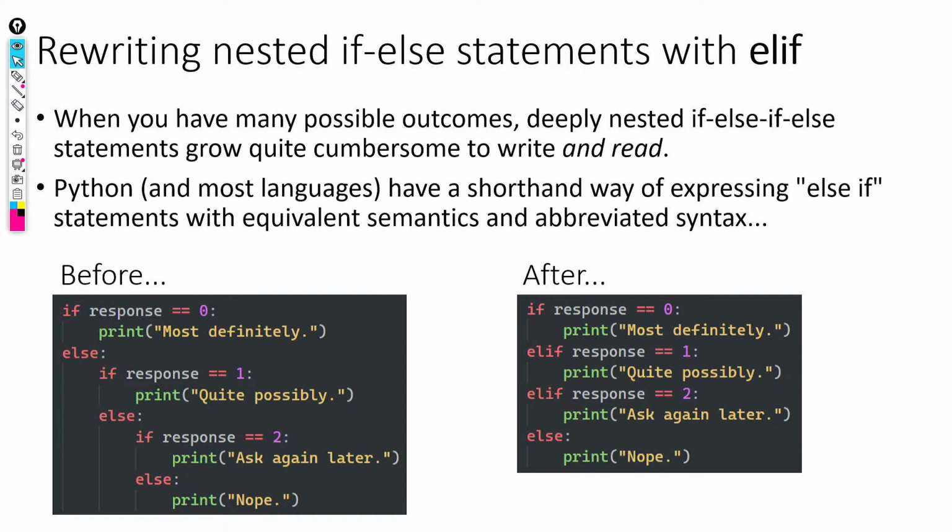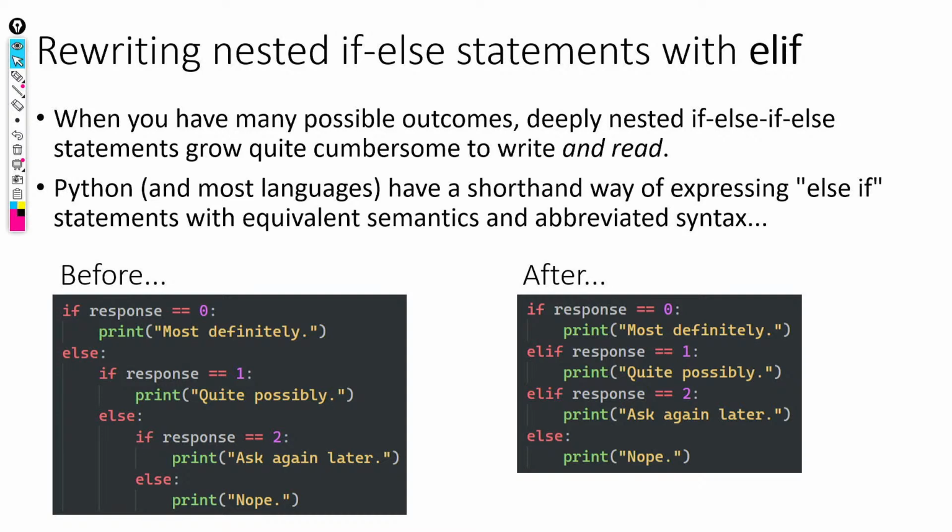So the idea is rather than having to say else and then enter a new level of indentation and then write another if else statement and keep doing that forever and ever until you reach all of the cases that you want to handle, we can start with an if statement and then follow it with elif statements where we can test these conditions and ultimately end it with an else if we want.